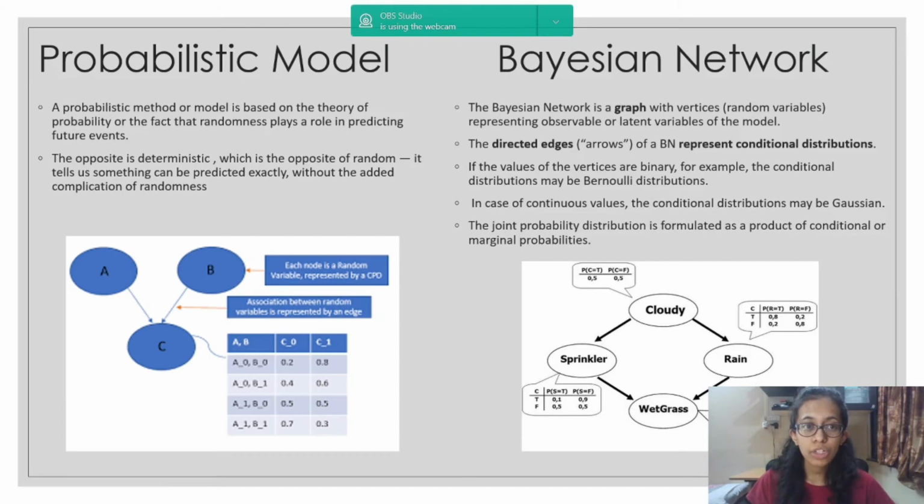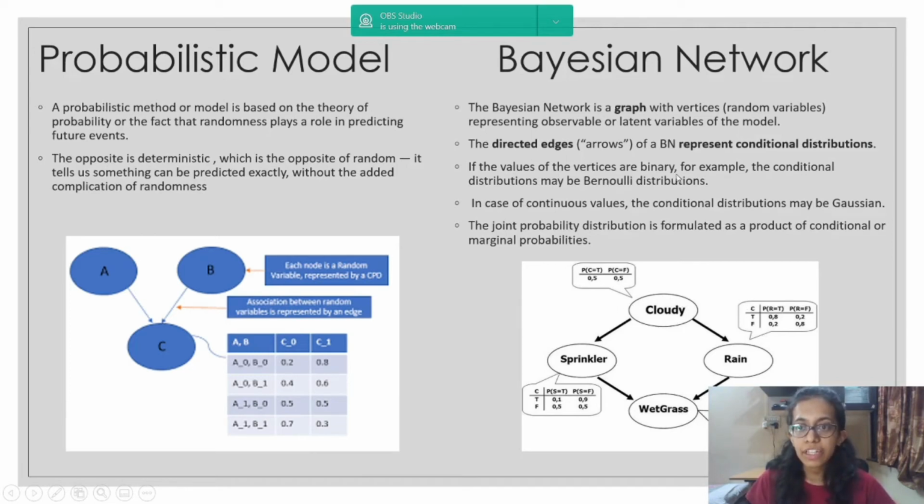It is a huge topic. In that, there are different parts of models like the Bayesian network. Now the Bayesian network is known for two things, mainly the directed edges and the product of conditional probabilities. So the Bayesian network is a graph with vertices representing observable variables only. So if you look at this example, you can see the variables that are present, we can observe them, whether it is cloudy or whether it is not, whether it is raining or whether it is not.